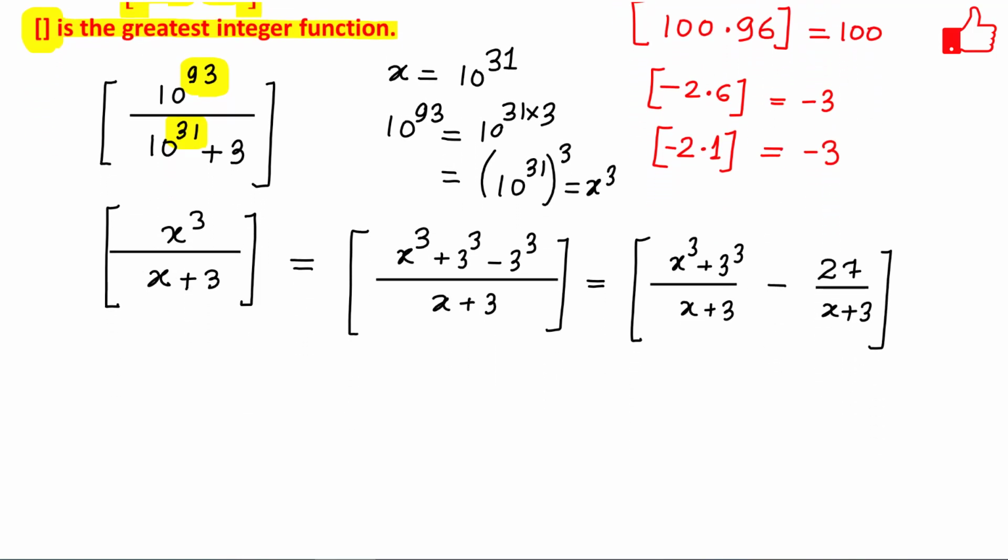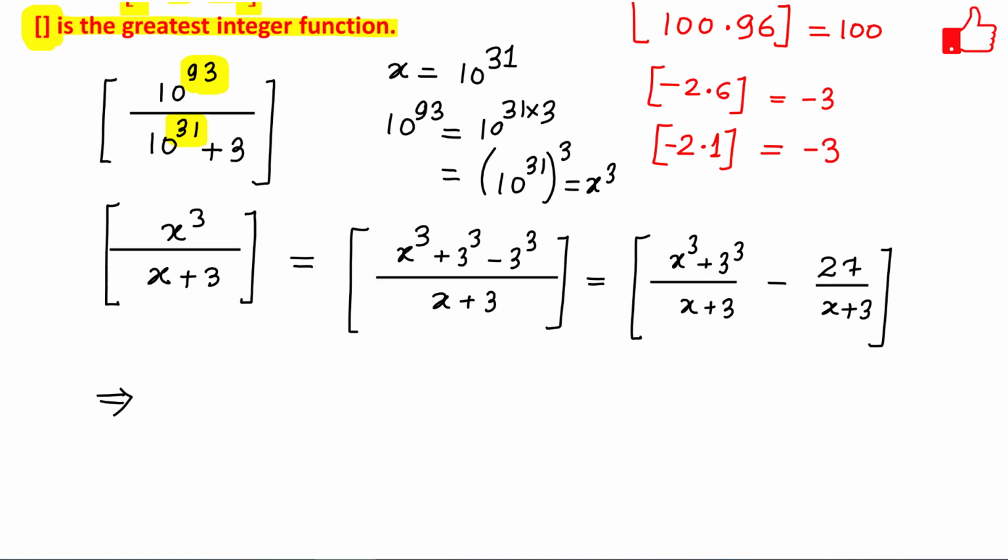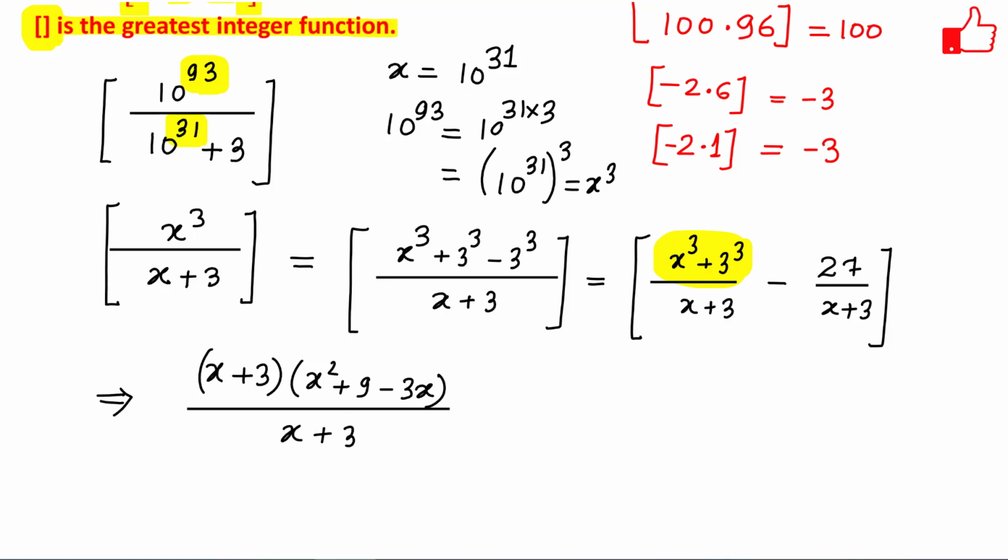And now I can use the formula for a cube plus b cube, that is a plus b times a squared plus b squared minus ab. So let us expand this term using that formula. So this becomes x plus 3 times x squared plus b squared minus 3x, and b squared is 3 squared, which is 9, and this divided by x plus 3, minus 27 divided by x plus 3, and this is inside the greatest integer function.